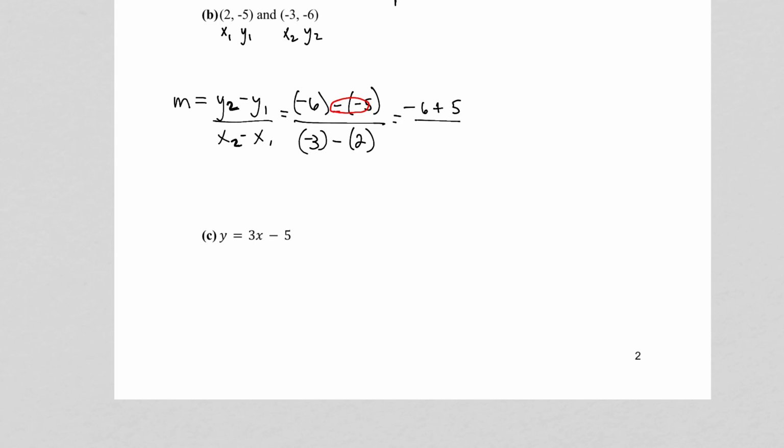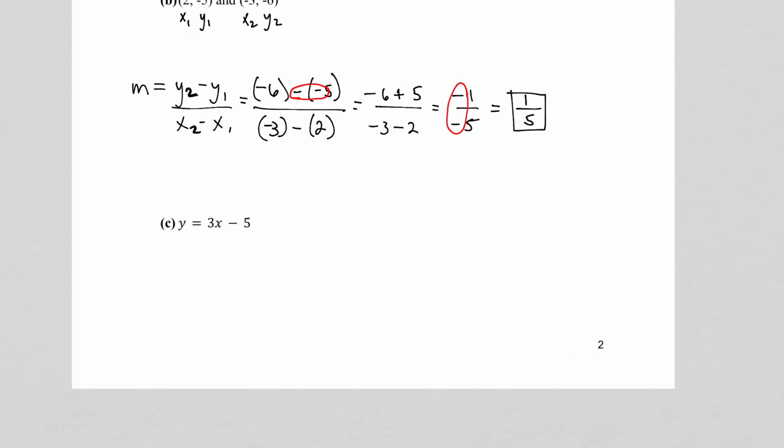So this is negative 6 plus 5, and we have negative 3 minus 2. So now we're just going to simplify this mathematics here. So we have negative 1 over negative 5. Those two negative signs, again, are going to simplify to a positive value. So our slope here is 1/5.